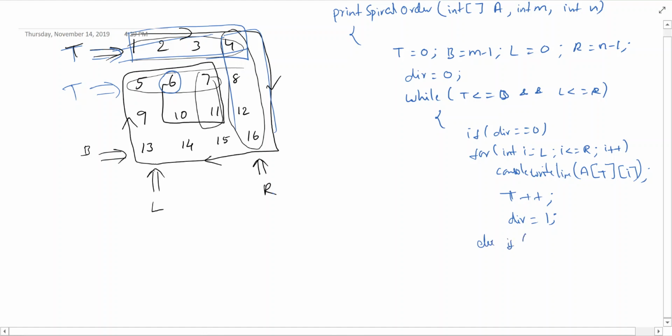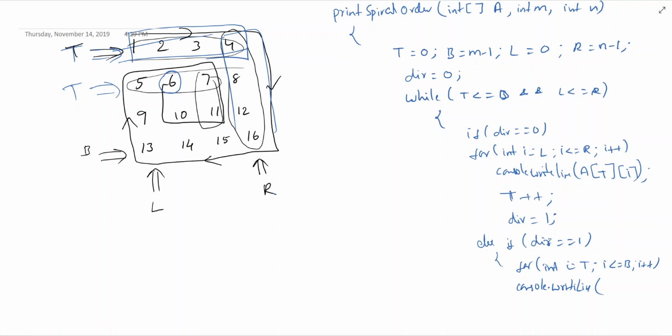Else if direction is 1, now top to bottom. How will we print top to bottom? The row number will change but the column will remain the same. What is the column here?